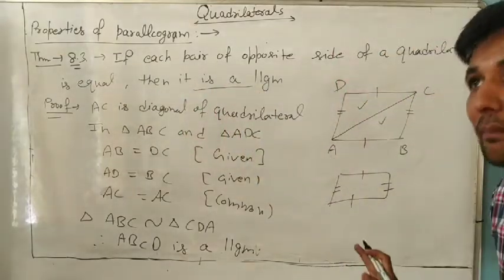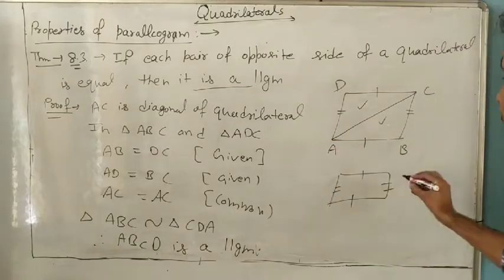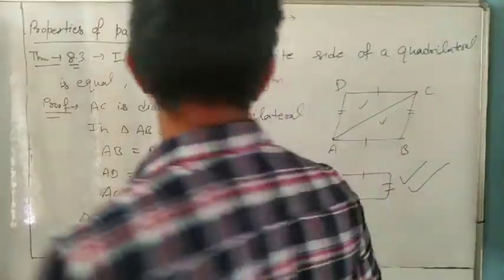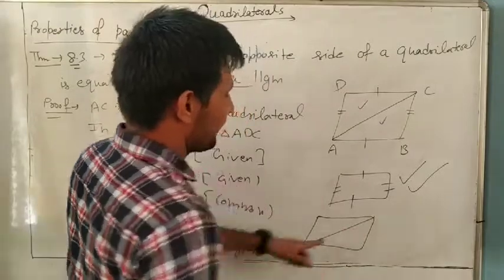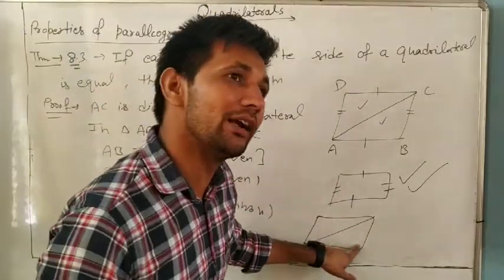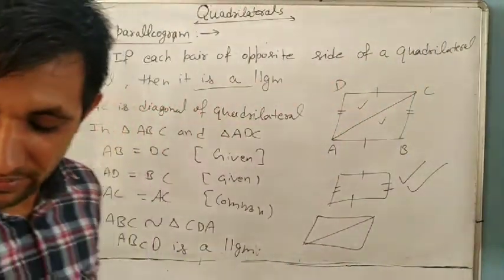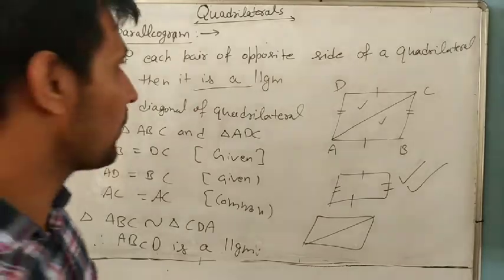So always remember, anyhow if you prove that opposite sides are equal, then you can say directly it is a parallelogram. Understand it or not? Otherwise, if you prove that the diagonal divides it into two congruent triangles, then it is also a parallelogram. Understand? And in 8.2 we proved that opposite sides are equal.